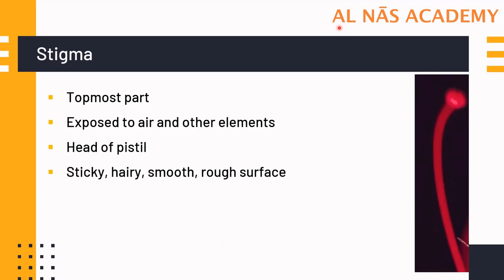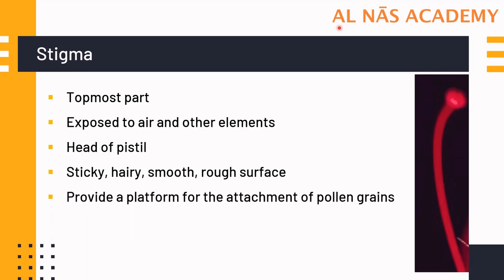Due to the viscous nature, it can easily catch the pollen grains of the male reproductive system or androecium, and it provides a platform for attachment of the pollen grains. Thus, it plays a crucial role by promoting the process of pollination, and it also performs the function of pollen adhesion, recognition of pollen grains, germination of pollen grains, and begins the process of fertilization. It also prevents the entry of pollen grains from different plant species. Till here, is it clear?